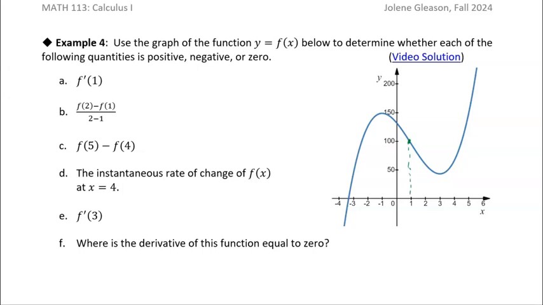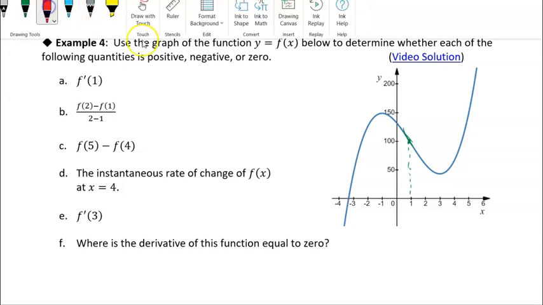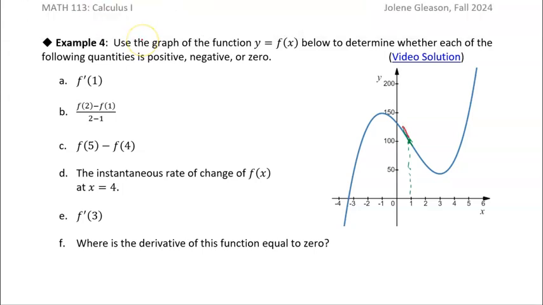What I'm going to do is look at the slope of a tangent line. So if I draw a tangent line, let me make it a different color so you can see it a little better. It's hard to draw a straight line, but you get the idea. That is an approximation for a tangent line at that point.